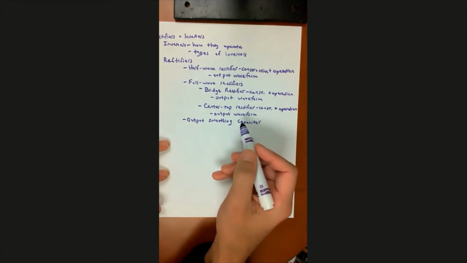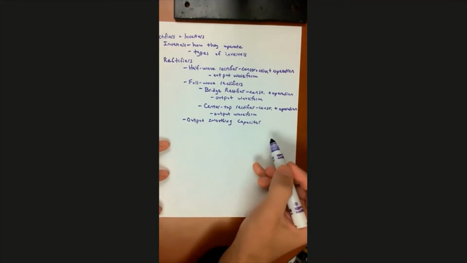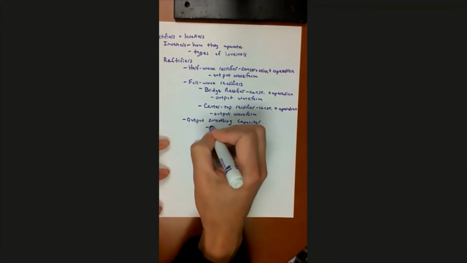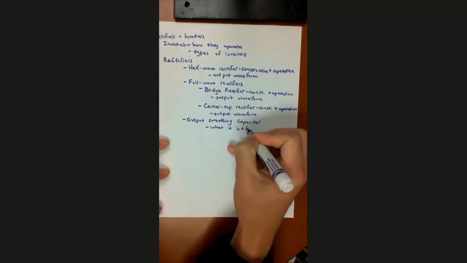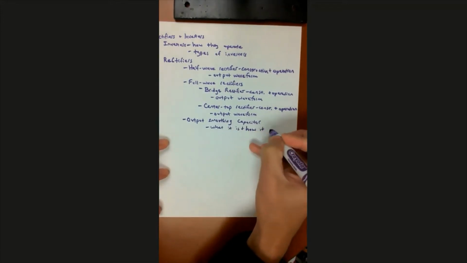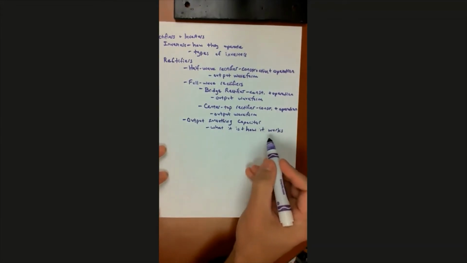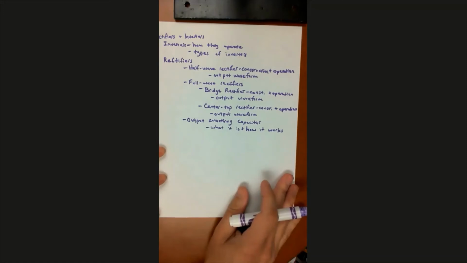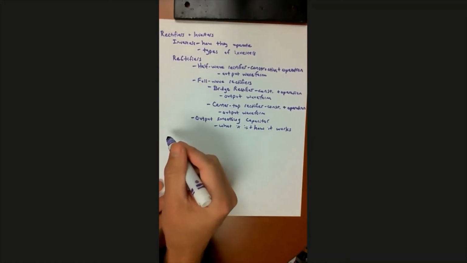And the easiest way to do this is by incorporating an output smoothing capacitor at the output of the rectifier. So I want you to know what it is and how it works. What it's doing, how it's smoothing the output of the rectifier circuit. All right, that was it for rectifiers and inverters.